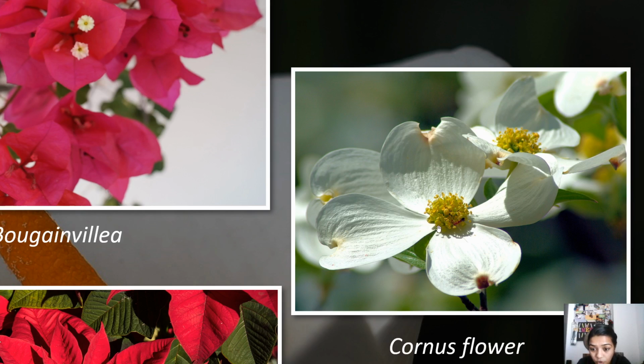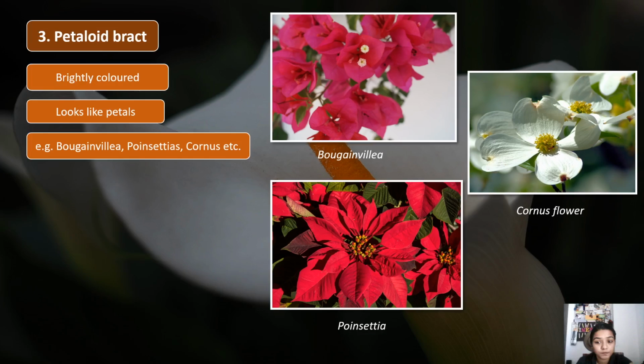See, very small yellow flowers are there. These are the flowers, this is the bud. So this is the whole inflorescence. But the white structures that you see are actually the bracts, right? So these are very beautiful bracts that you can see around the whole flower. Because the flower is very small, the bract here is large in size, right?